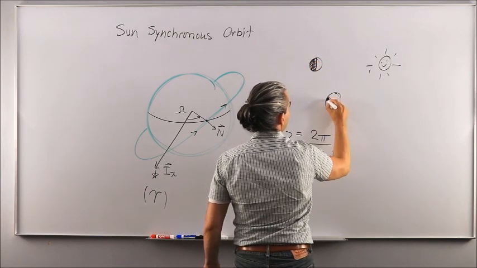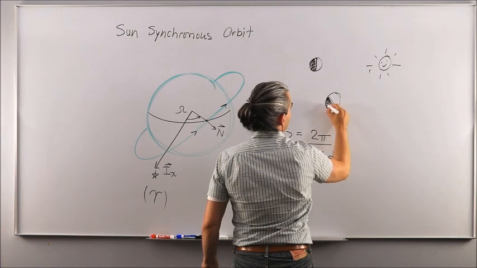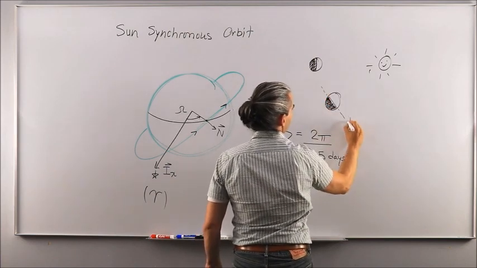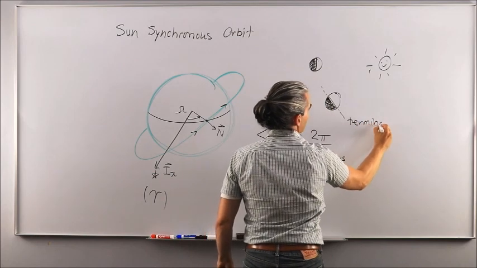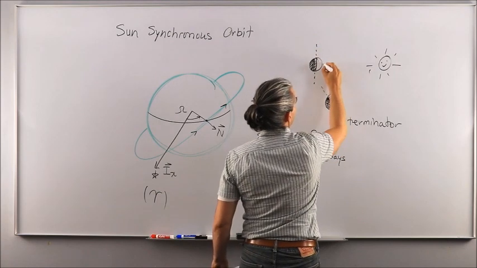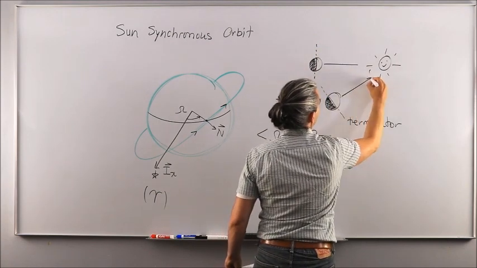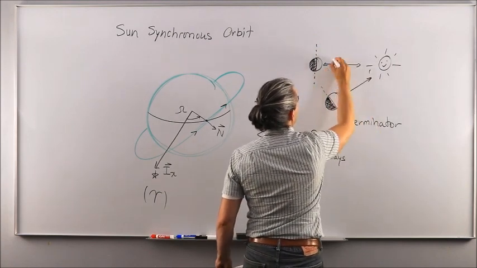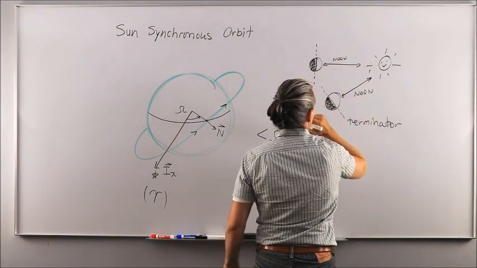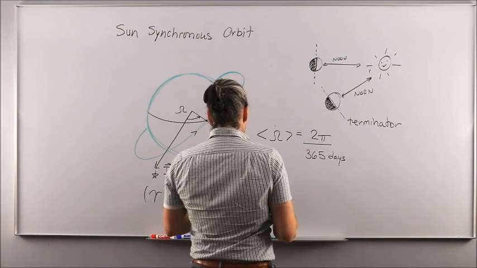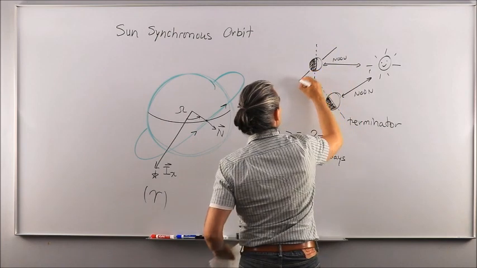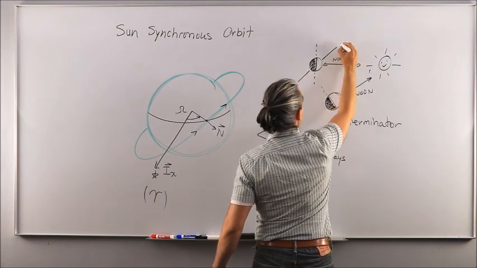By the way, this line that divides the shadow and the sunlight is known as your terminator line. And that always here is your noon direction. So here, if this is noon, that could be this point here, 3 p.m. again.